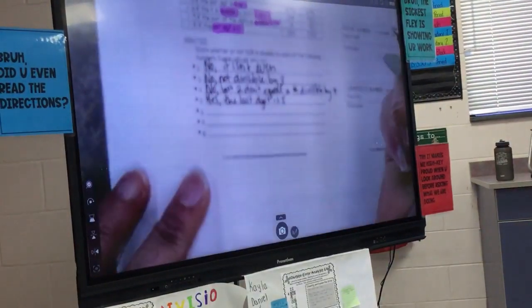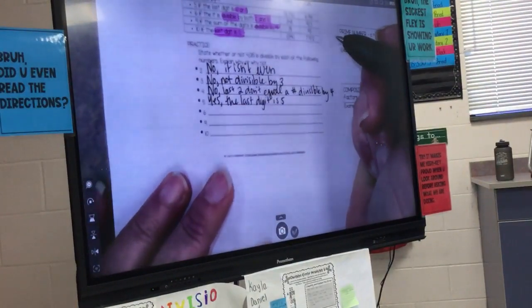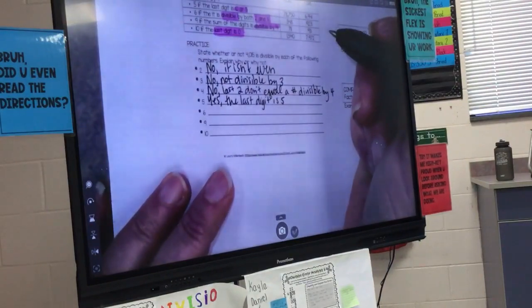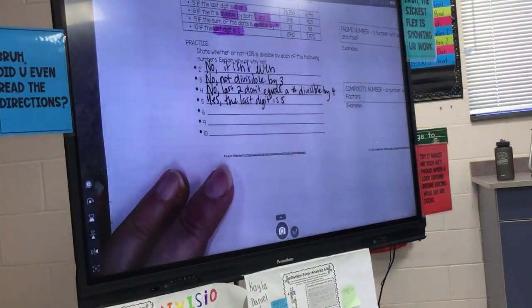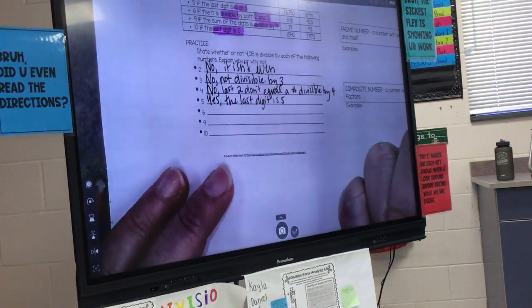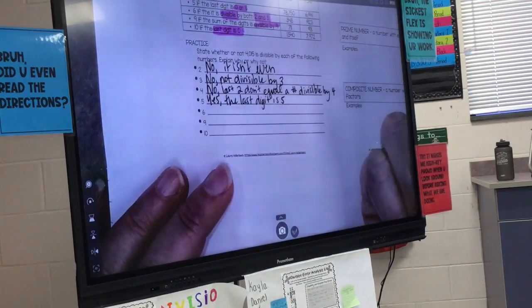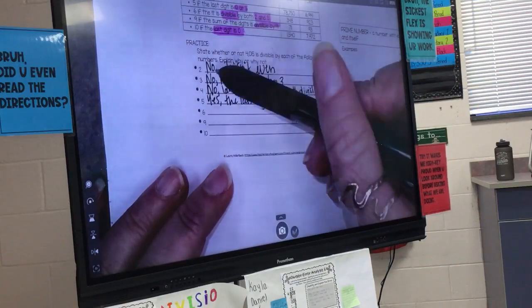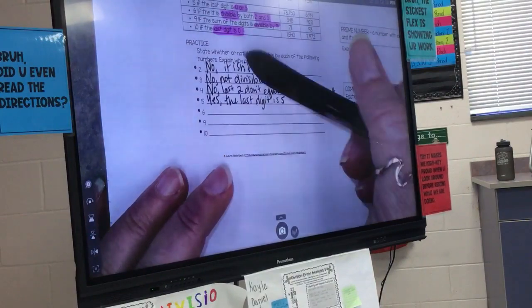What about 6? Is it divisible by 2 or by 3? Can we divide 4,015 by 2? Can we divide it by 3?